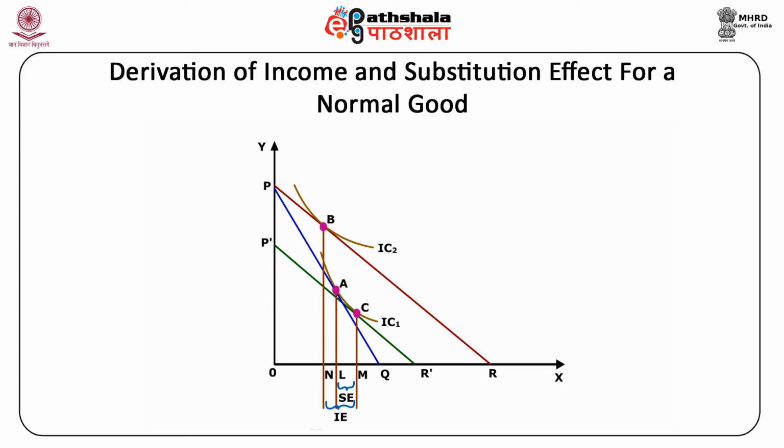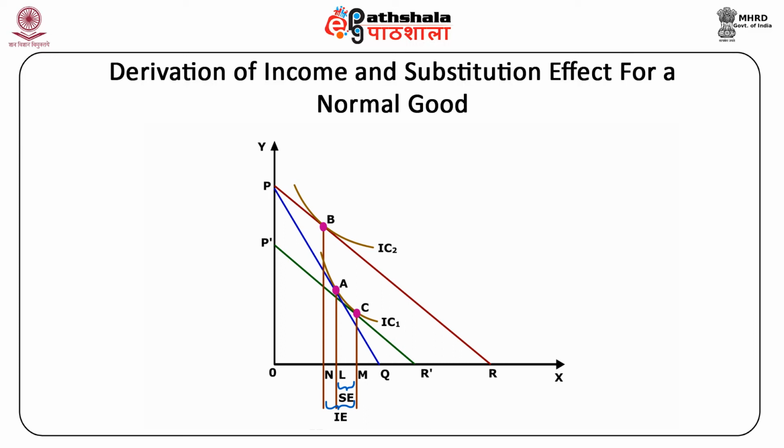Thus, this change in consumer equilibrium from C to B is only due to the change in purchasing power of the consumer owing to increase in real income due to fall in price of X and therefore measures the income effect.